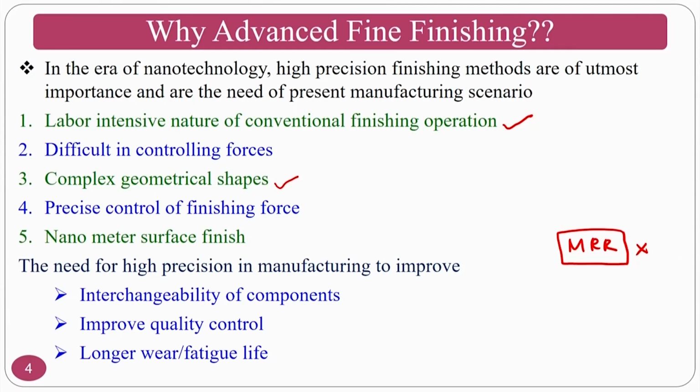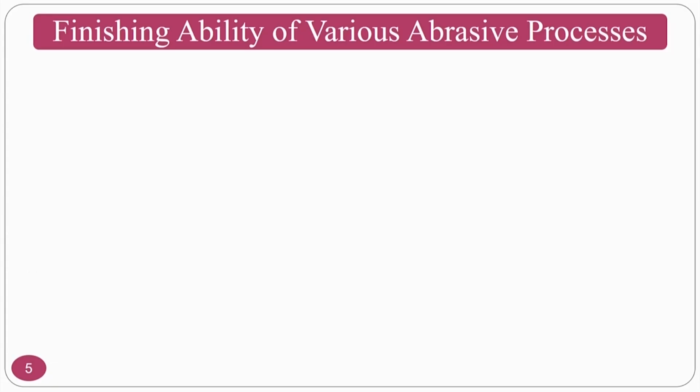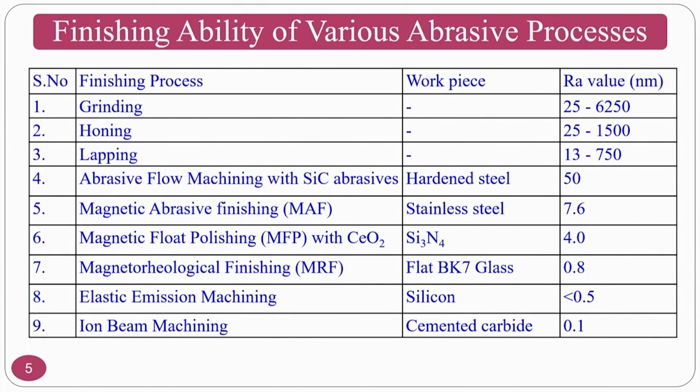So, finishing ability of various abrasive finishing processes, if you see the spectrum: the serial number, followed by the finishing process, workpiece material and the surface roughness value. The surface roughness value is given in nanometers.